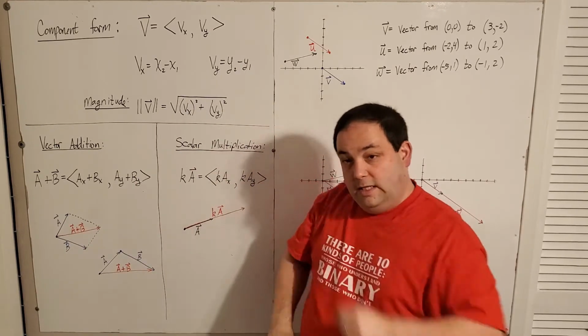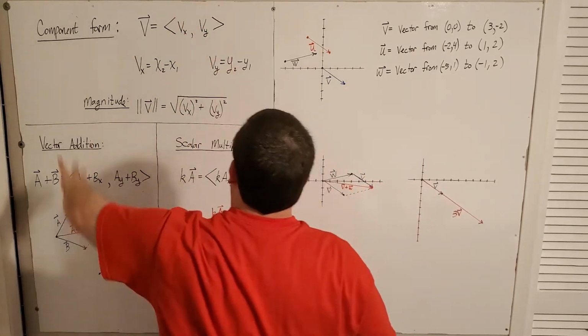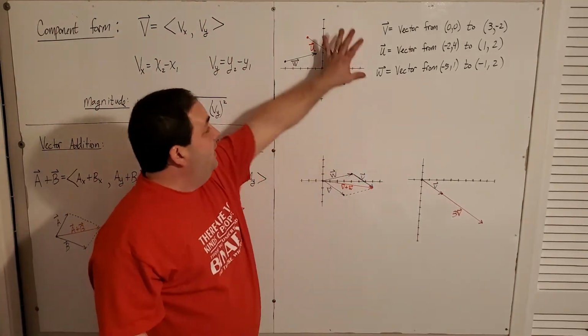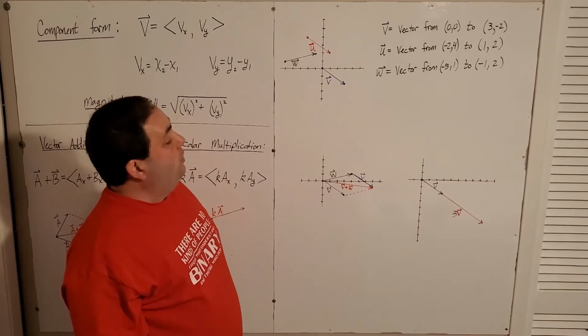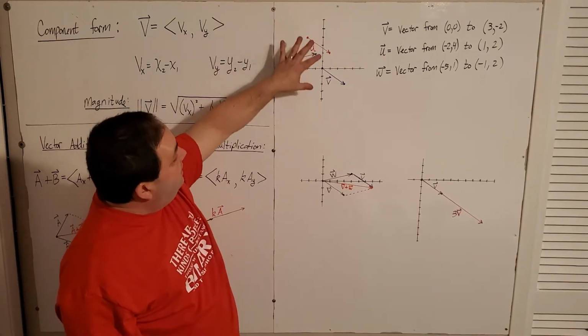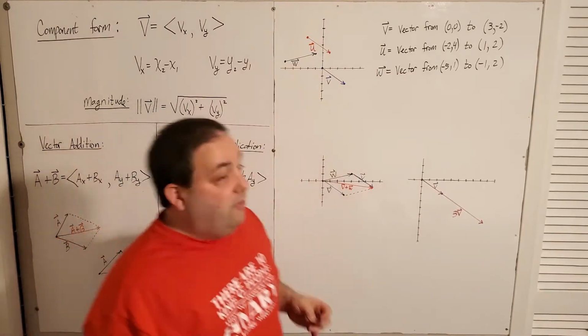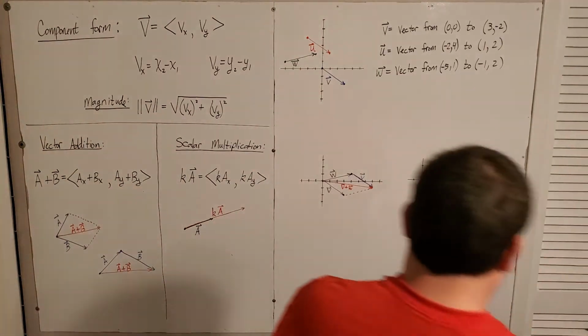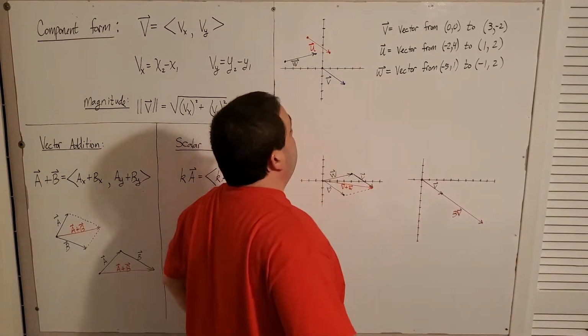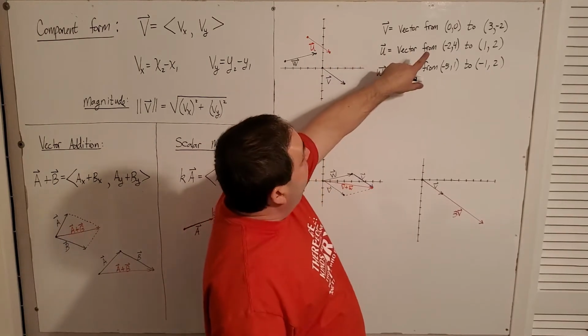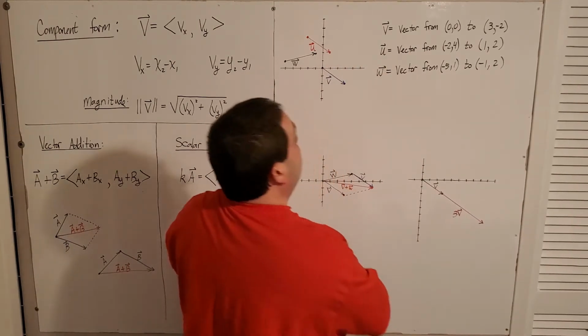Okay, let's get some examples of all of this algebra setup. Here are our three vectors that we were just talking about, U, V, and W. Let's get the component form of each of those vectors. V is the vector from 0, 0 to 3, negative 2.